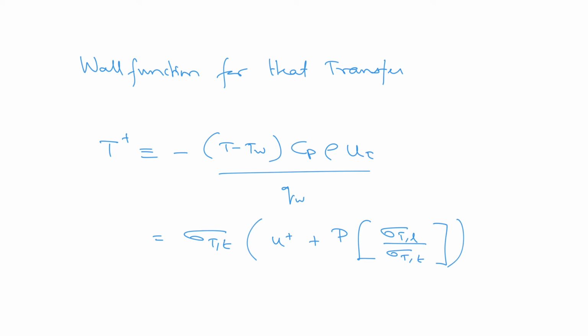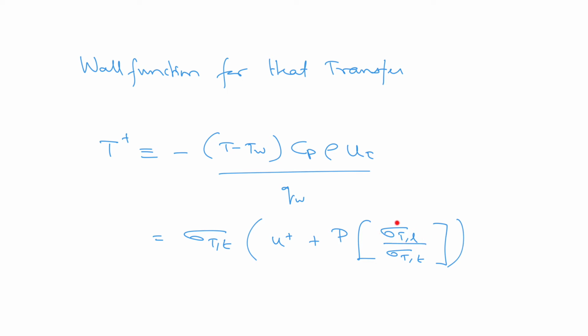Then you have the temperature at the wall, that is the wall temperature. Then you have this capital P, which is called the P function, a correlation function that depends on the ratio of laminar to turbulent Prandtl numbers.